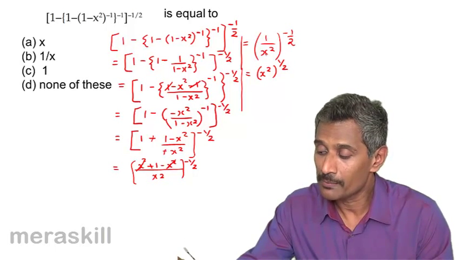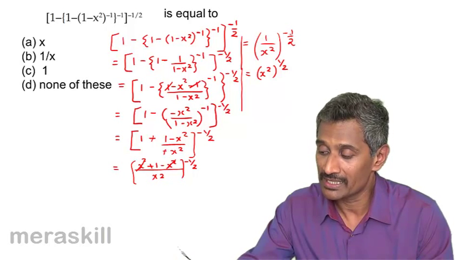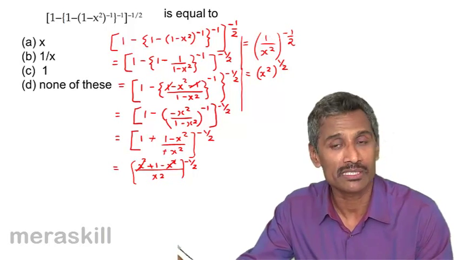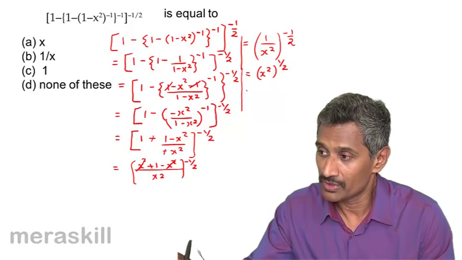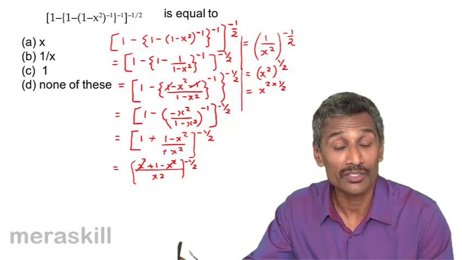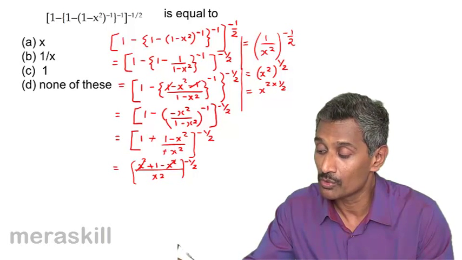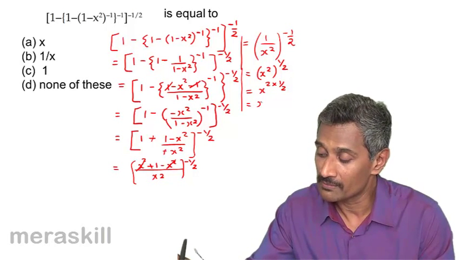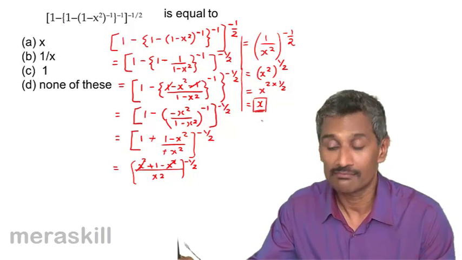Because it is 1 upon some number raised to a negative power, it will be the same as the reciprocal of this number raised to a positive power. So this becomes x square into half. Using the rule a raised to m, the whole raised to n, is a raised to m into n, this becomes x raised to 1, which is x.